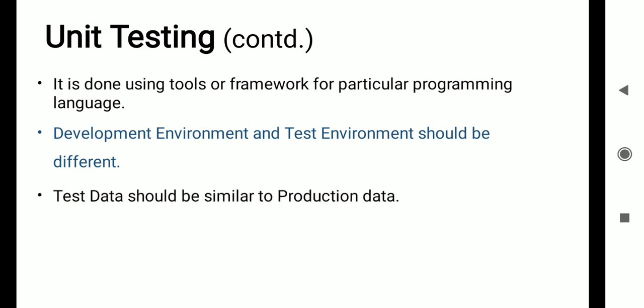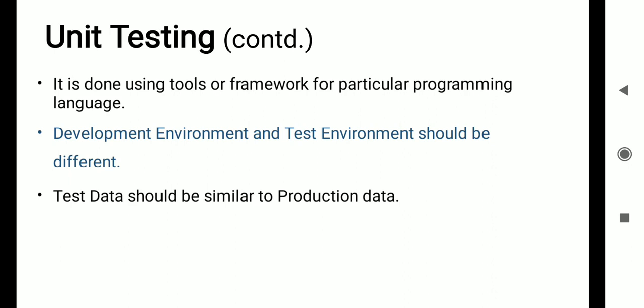Coming on to the next point, that is test data should be similar to production data. Same as the earlier point we have discussed, test data should be equal to production data or live data. Production data is what is going to be used when the application is launched to the outer world or to the market.